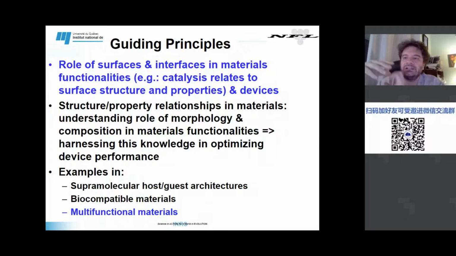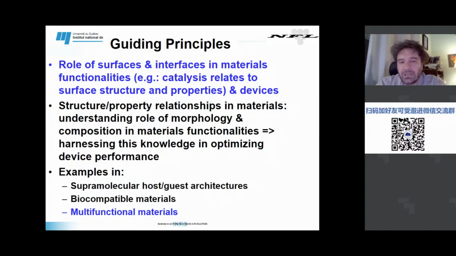And that's because in a nanoscale system, contrary to what happens in bulk, the surface to volume ratio is very, very high, or in other words, there's a lot of surface and very little volume. And so the surface, of course, is the part of the material that interfaces with the outer world, and so it plays a very significant role in determining properties.